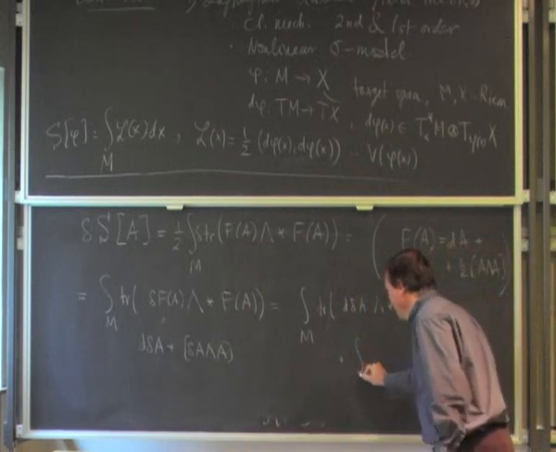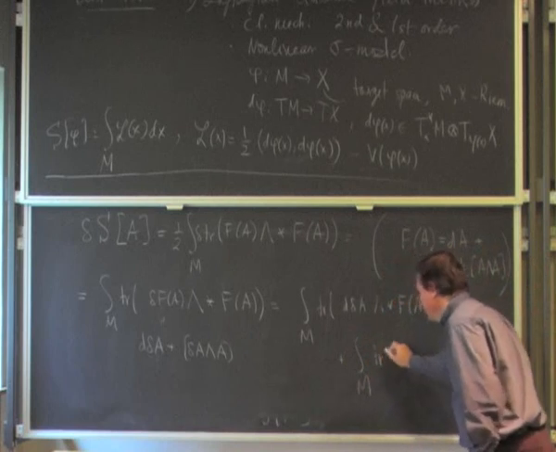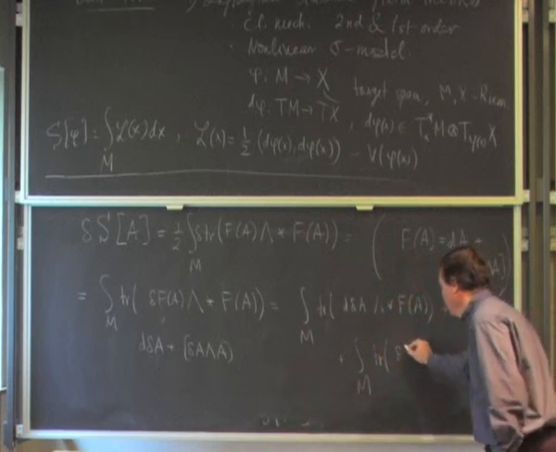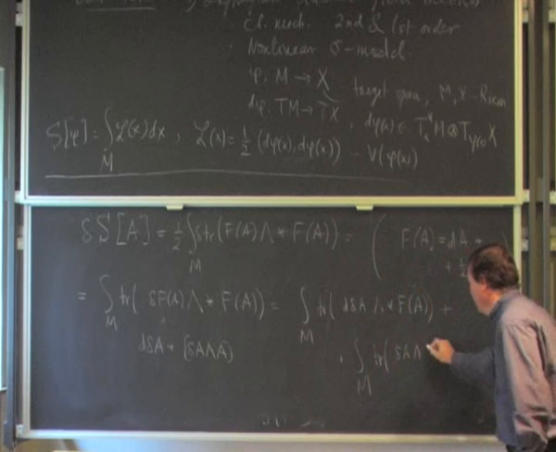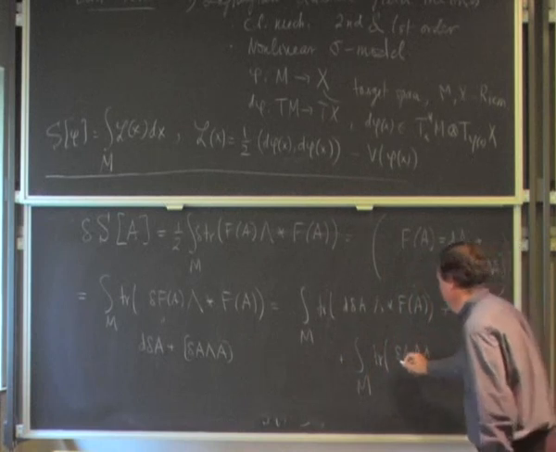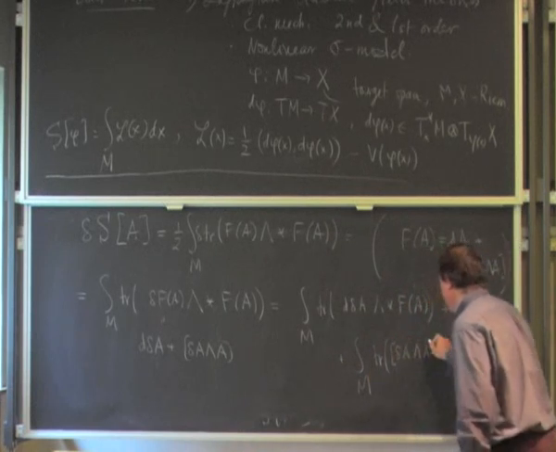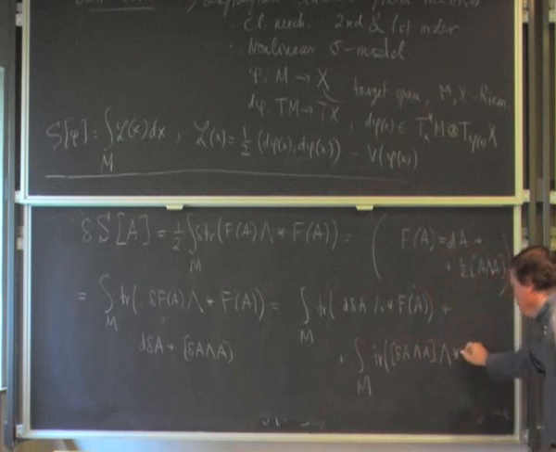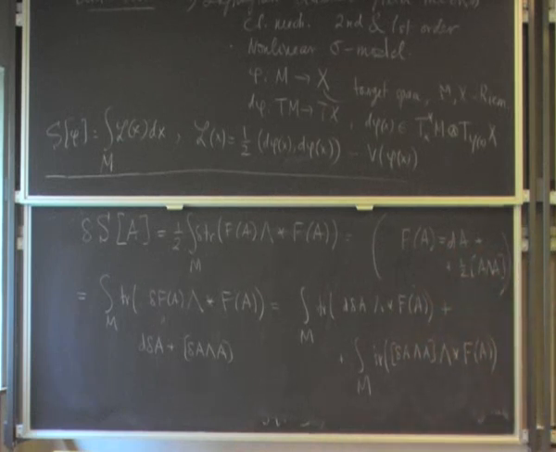Plus the integral over N of trace delta A wedge A wedge star F of A. This is where we don't have to integrate by parts.